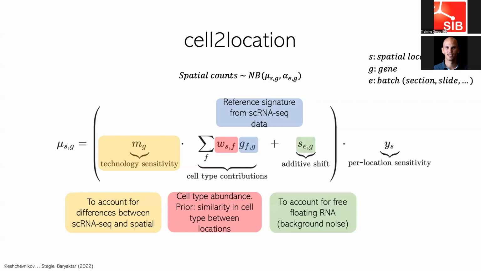It's per batch, and then a gene-specific factor, just to account for any background noise across the entire section that you're looking at. Sorry, this is to account for differences across batches: if I have differences in measurements across the batches, this term corrects for the differences across the tissue itself.